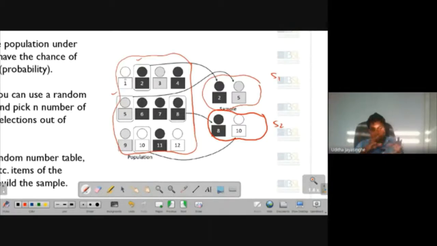It's not necessarily selecting items from a population to the sample, but let's say you're in a party, you have 50 people in your company, and you want to select 3 people to give some gifts for participating.